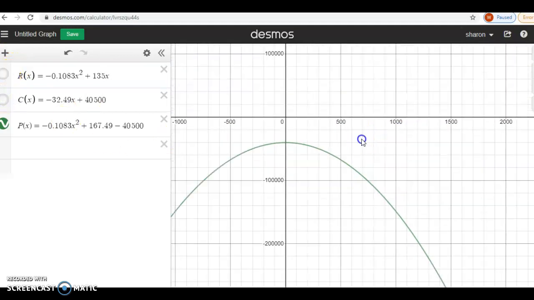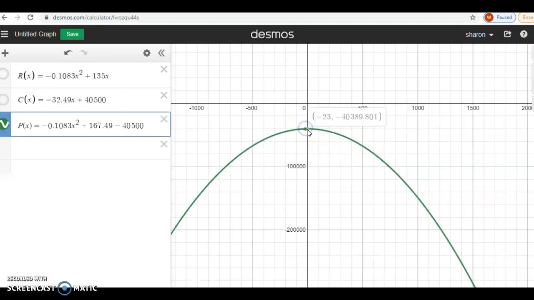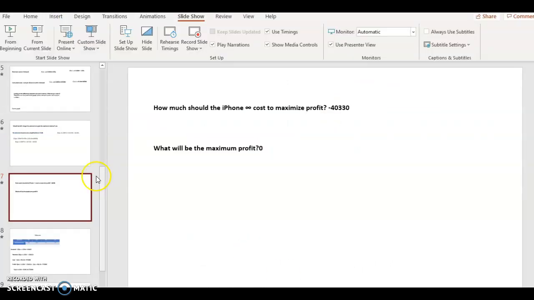If you look at here, this is our profit equation, and this is the maximum, 0 and negative 40.332551. And our maximum profit will be 0 because you'll not be making profit selling that much.